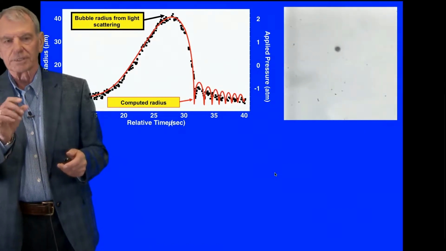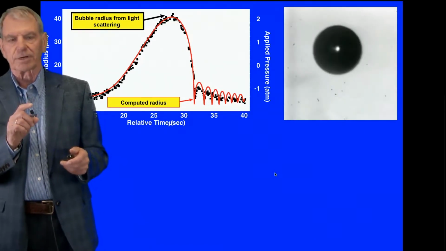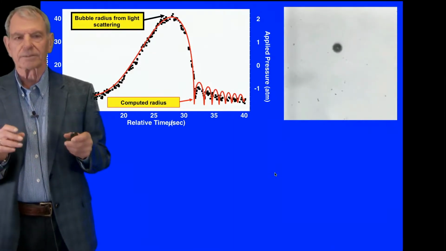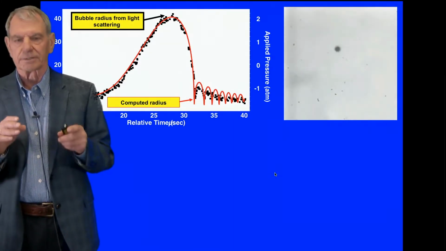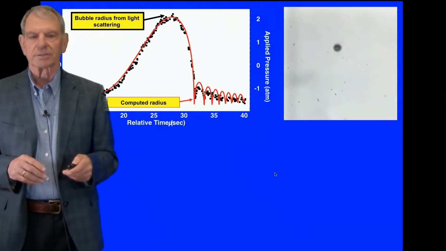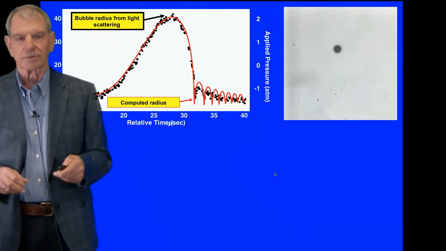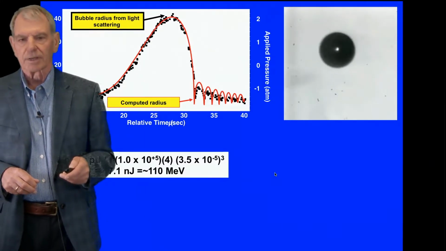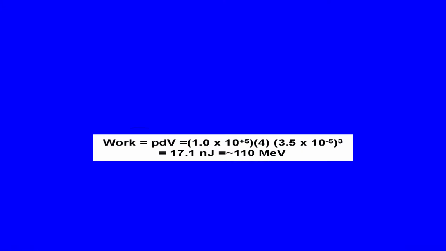So you see this single bubble driven by an acoustic field is pretty well characterized by the Rayleigh-Plesset equation modified to include additional terms. An interesting thing about a bubble collapsing like that, even though it can generate high temperatures and high pressures, the bubble is quite small.